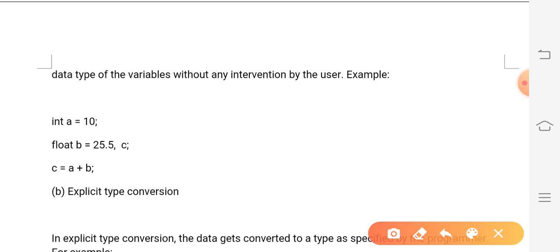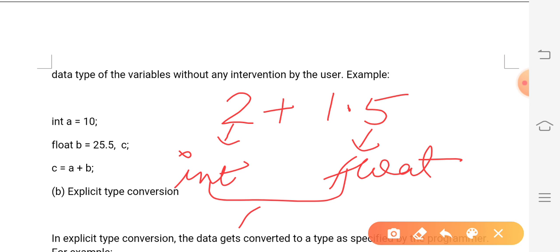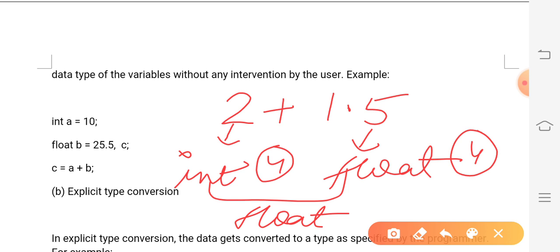Just look here. If you add 2 plus 1.5, 2 is what? It is an integer value, and 1.5 is a float value. Okay. So integer plus float, answer will be in float. How do you say that? Because you know how much an integer takes? 4 bytes. Float also takes 4 bytes. So when both are the same, why did it come in float?